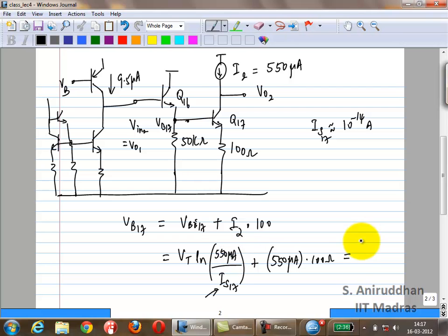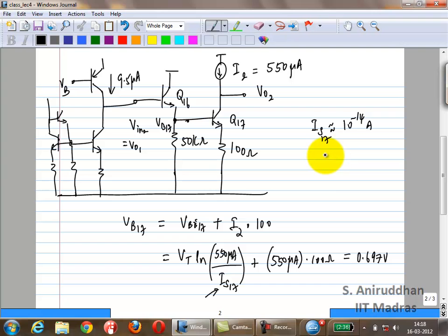Okay, so it's 695 microvolts. Sorry, millivolts. Okay, is that right? 0.697. Okay, so 0.697. Okay.